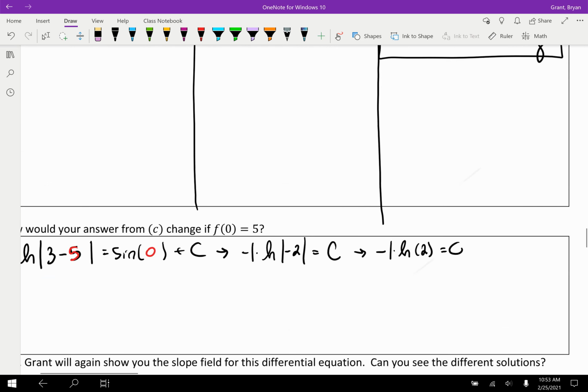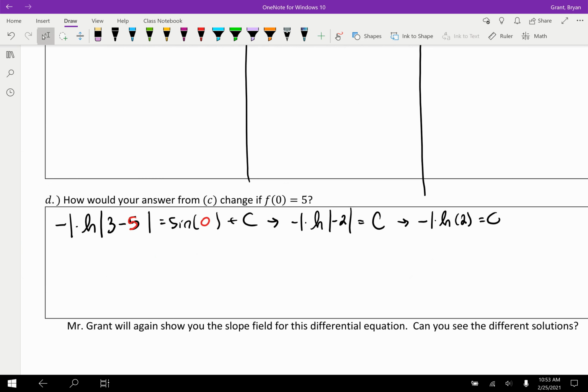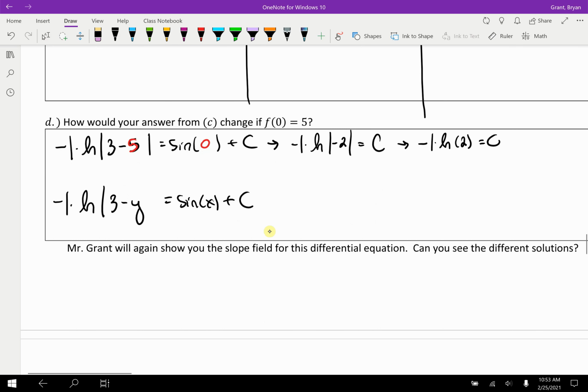So then, when I go back down to solving this equation, negative 1 natural log absolute value 3 minus y equals sine of x plus c, I think to myself, do I really need this absolute value? Well, we need to get rid of it eventually, otherwise you won't be able to isolate y. So we think, well, can we just turn it into parentheses?